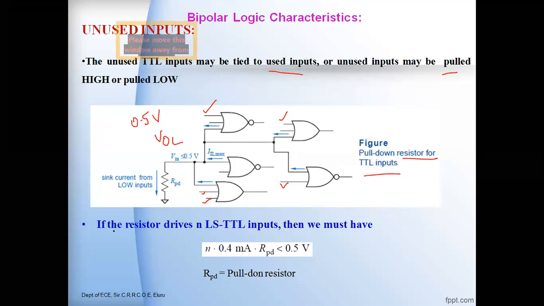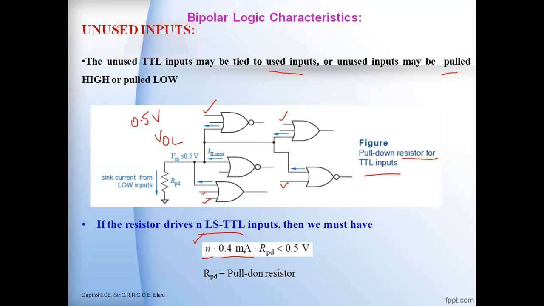So here, if the resistor drives N LS-TTL inputs, here also we are taking the same LS-TTL inputs case, then for this N number of LS-TTL inputs we must have this relation. See, where this N represents the number of unused pins, and this 0.4 milliampere is from the data sheet.